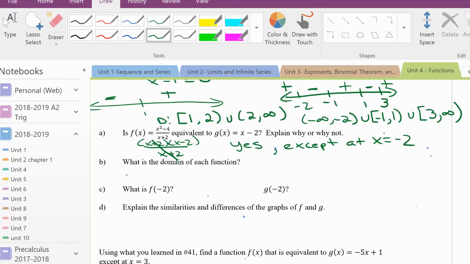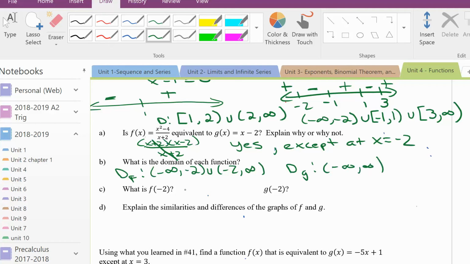The domain of f is from -infinity to -2 union -2 to infinity, whereas the domain of g is all real numbers.